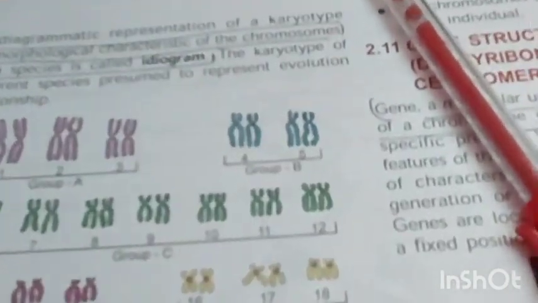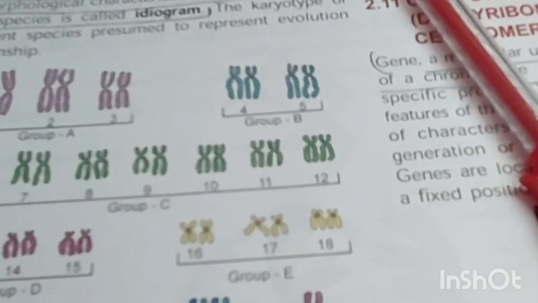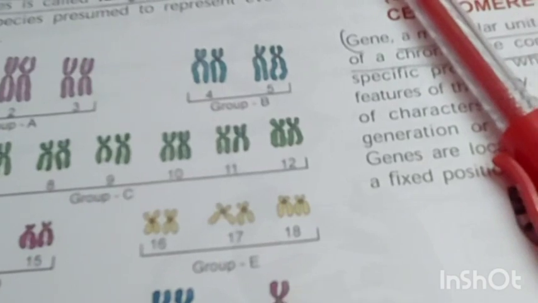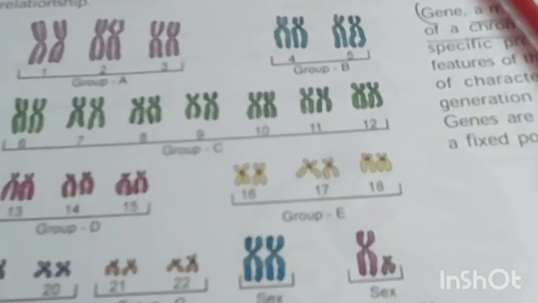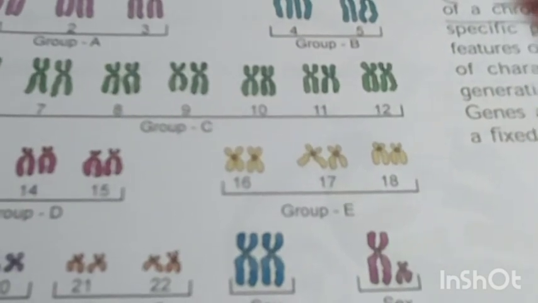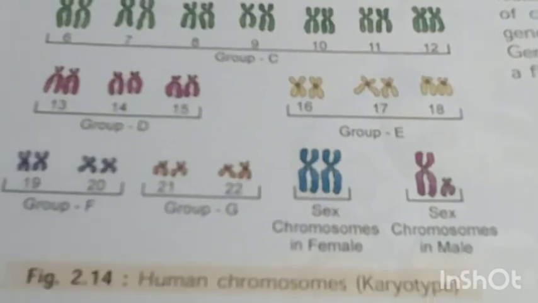So what is basically a karyotype? The term karyotype has been given to the group of characteristics that identifies a particular set of chromosomes. To understand a particular chromosome, the characters which are required are basically called the karyotype.